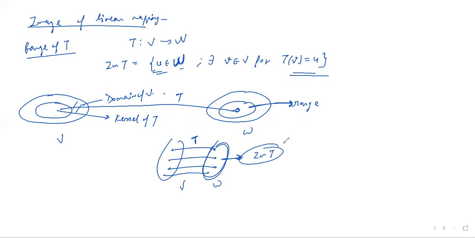Now I have another thing: the transformation T: V to U is a linear mapping.